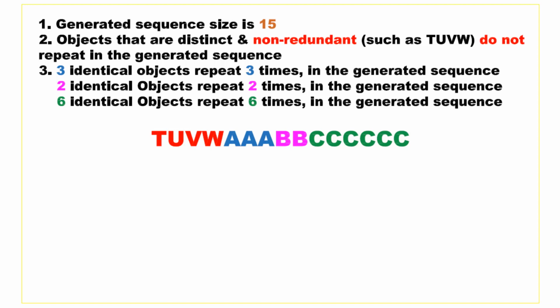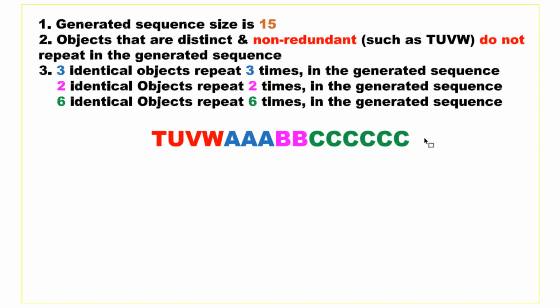In the generated words, each word size is 15, and the letters in these words that are distinct and non-redundant, they do not repeat more than once, and the 3 identical letters repeat 3 times, the 2 identical letters repeat twice, and the 6 identical letters repeat 6 times. So let's have a look.